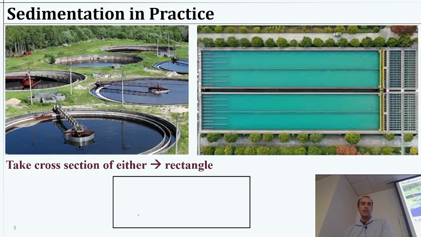So essentially, if we take a cross-sectional view, even if we take one of these circular, cylindrical type clarifier systems, even if we take a cross-section of that, let's say from here to here, we can still draw it as a rectangle.